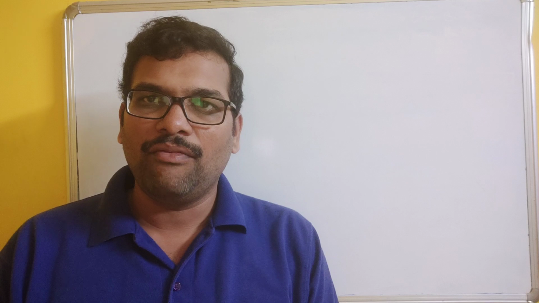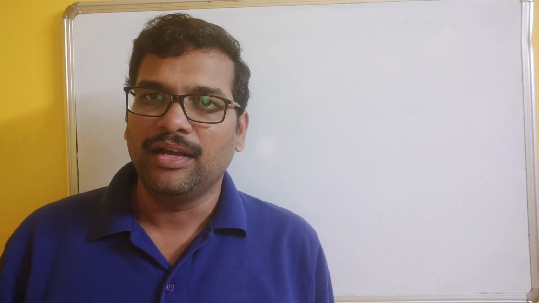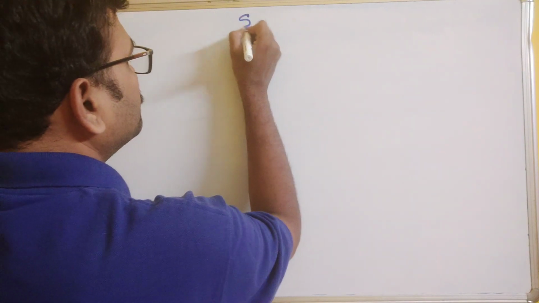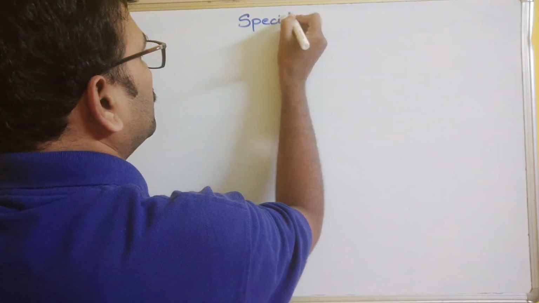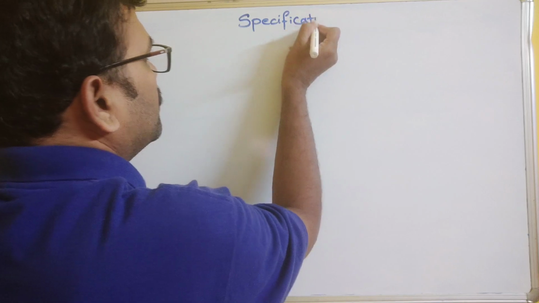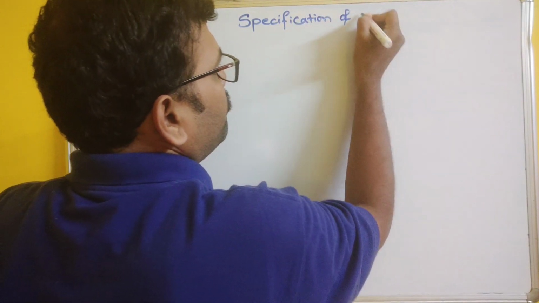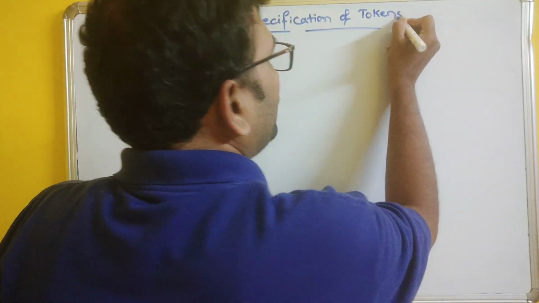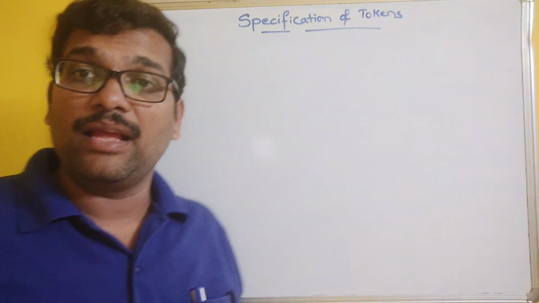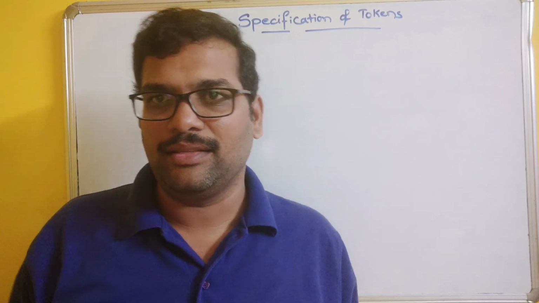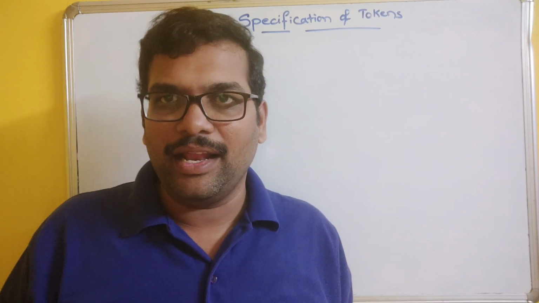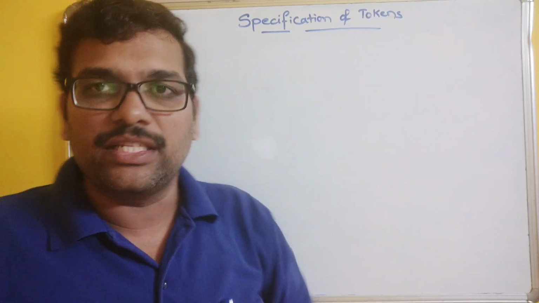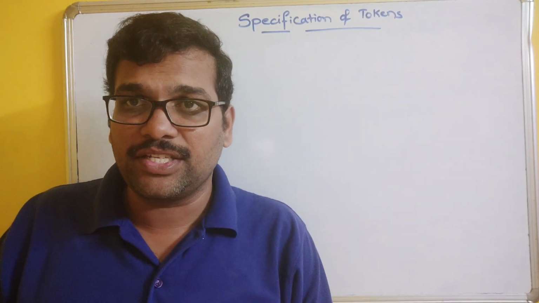So today we'll see one more concept in compiler design, that is specification of tokens. Whenever the term tokens comes up, that means we are discussing the lexical analyzer, the phase of the lexical analyzer, because the output of the lexical analyzer will be the tokens, as we discussed in our previous sessions, right?